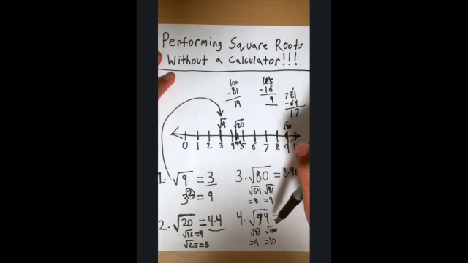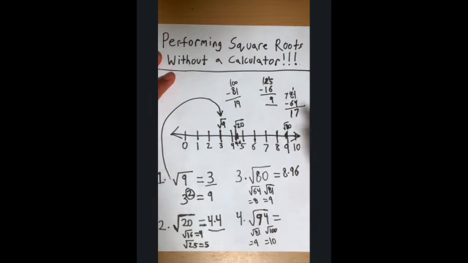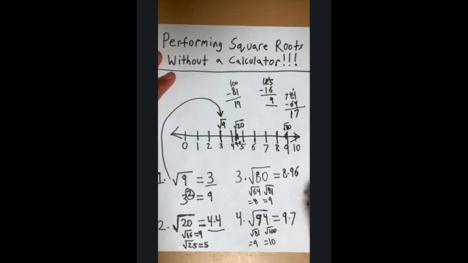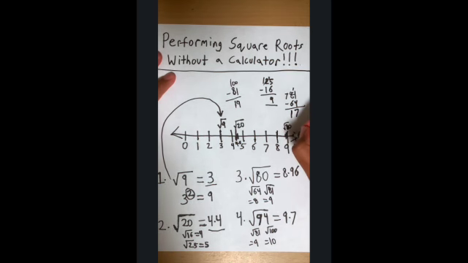And since it's 94, I would say it's around 9.7. I would give the estimate of the square root of 94 as 9.7. So around right here, the square root of 94 would be 9.7.